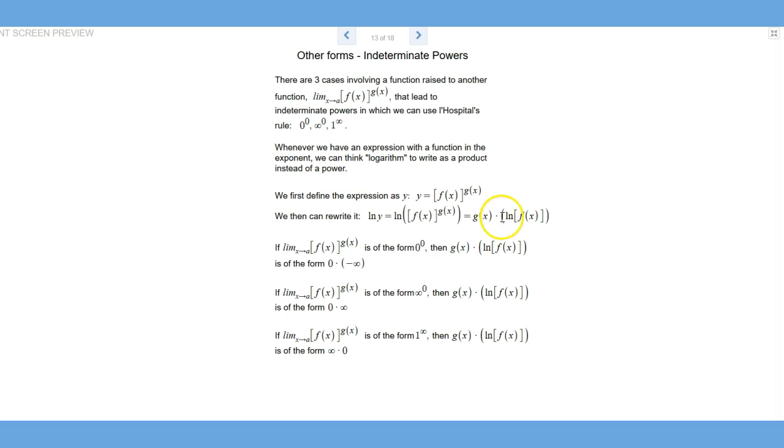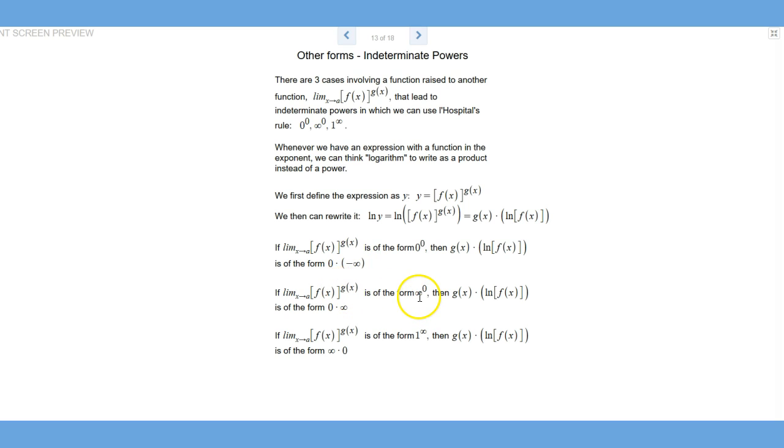If you look at this, it could be one of those three forms. If it was 0 to the 0, that means the limit of g of x goes to 0, and the limit of the ln of f of x would go to minus infinity, so this would be of the form 0 times infinity.